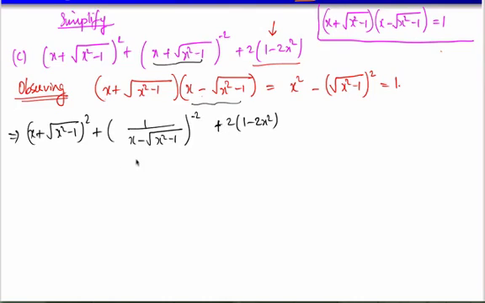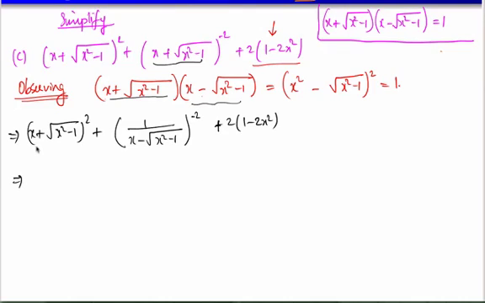So what I have done is, I have replaced x plus square root of x square minus 1 with this taken on the other side of 1 here in the denominator. Okay, so I hope you are understanding this.